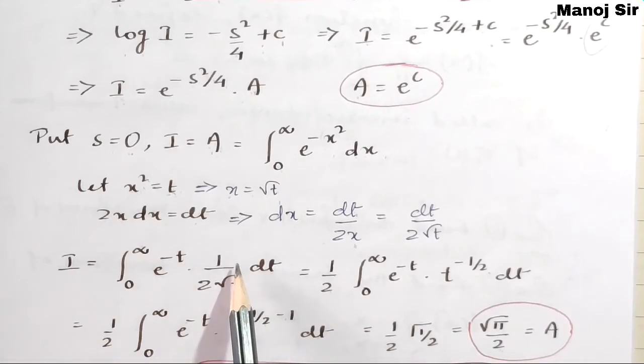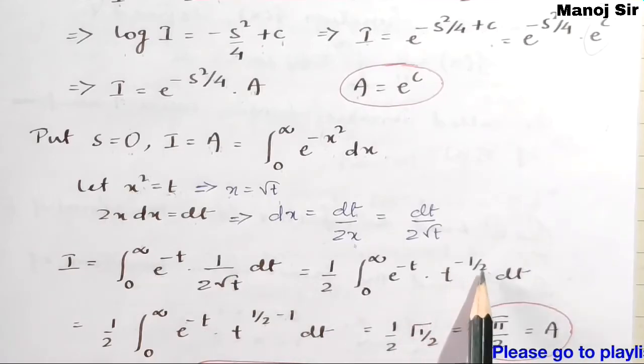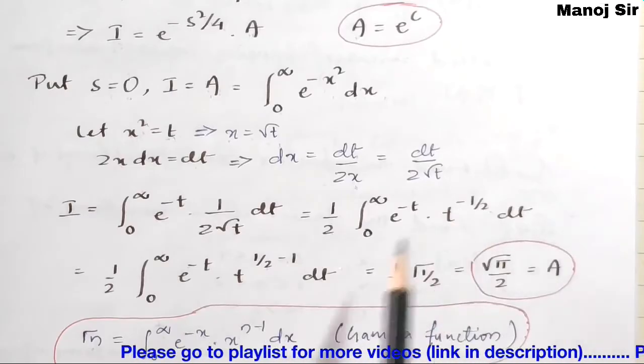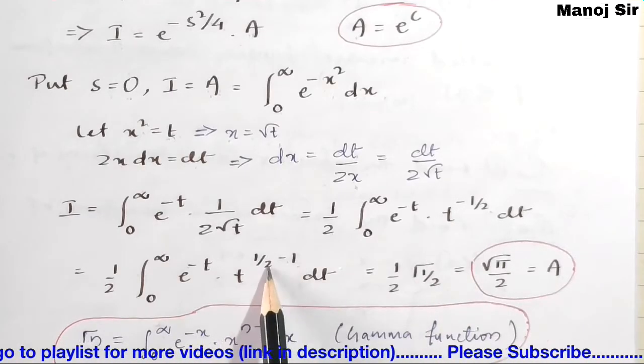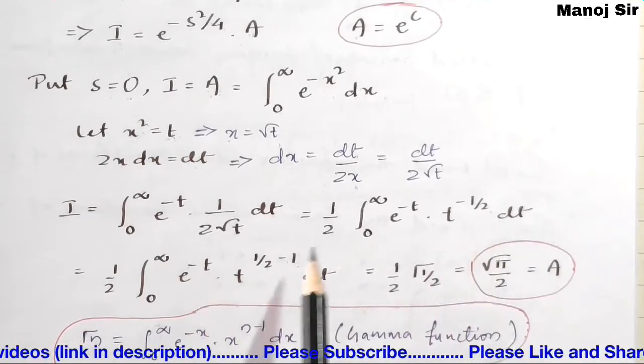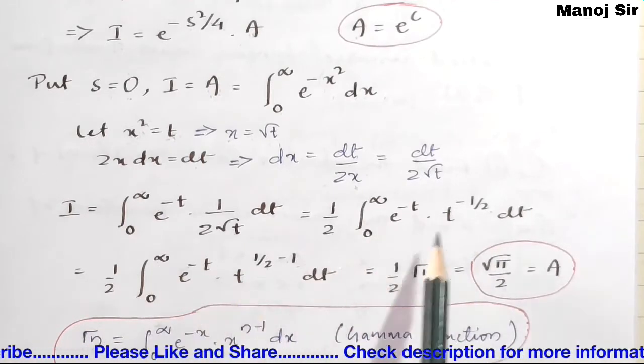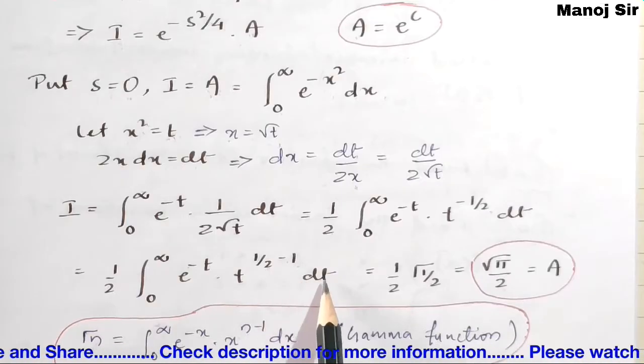If you take this to the numerator part, this will become t to power minus half dt. Now this minus half can be written as half minus 1, because half minus 1 is minus half. So this can be written as half integration 0 to infinity e to the power minus t, t to the power half minus 1 dt.